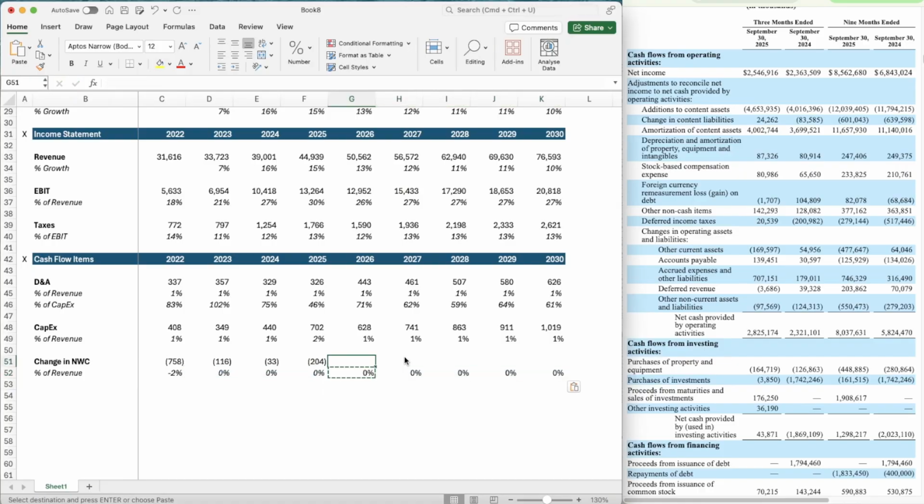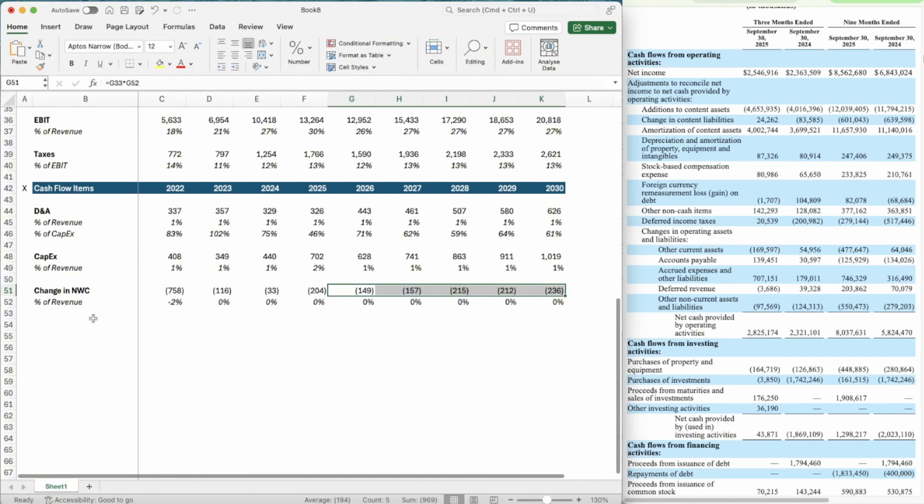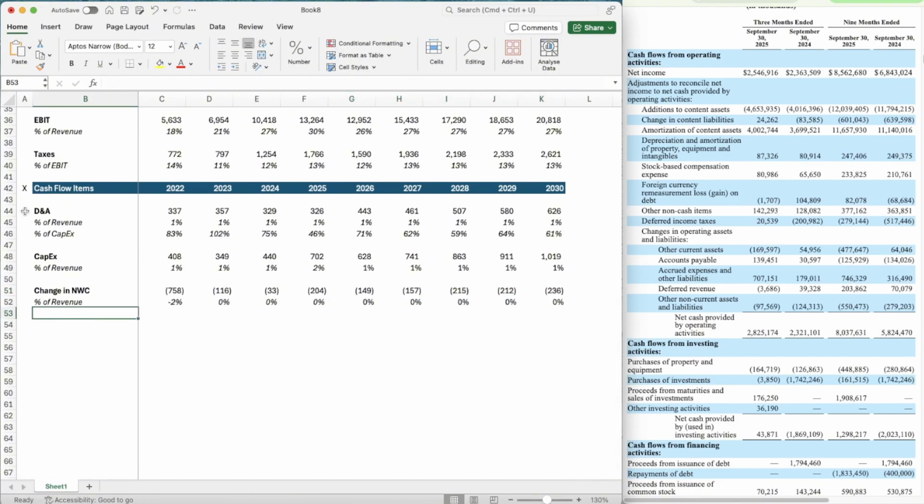Take an average of the last 3 years, then just multiply it by the revenue. There we have it. Okay, now we go on to the DCF.